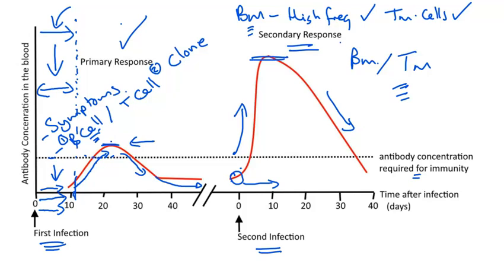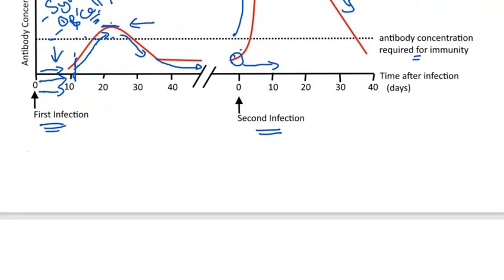So is there a way in which we can prepare our bodies with memory cells of the B type and the T type and antibodies in the bloodstream without actually going through the dangerous encounter with the real living thing? And that's what vaccines do.